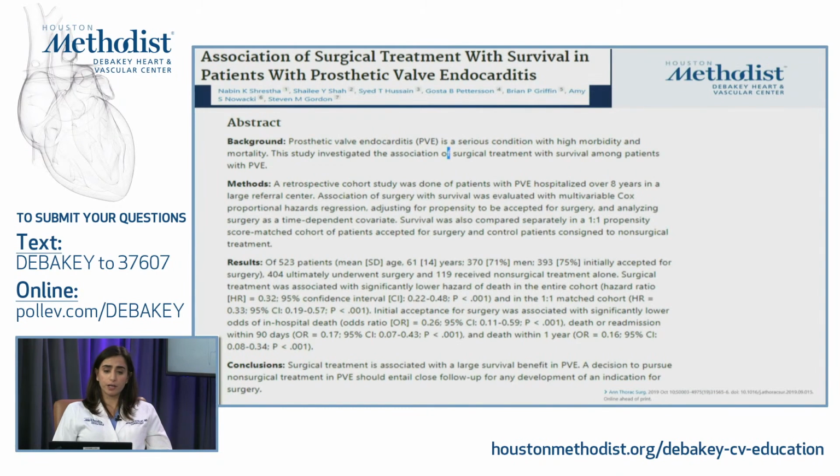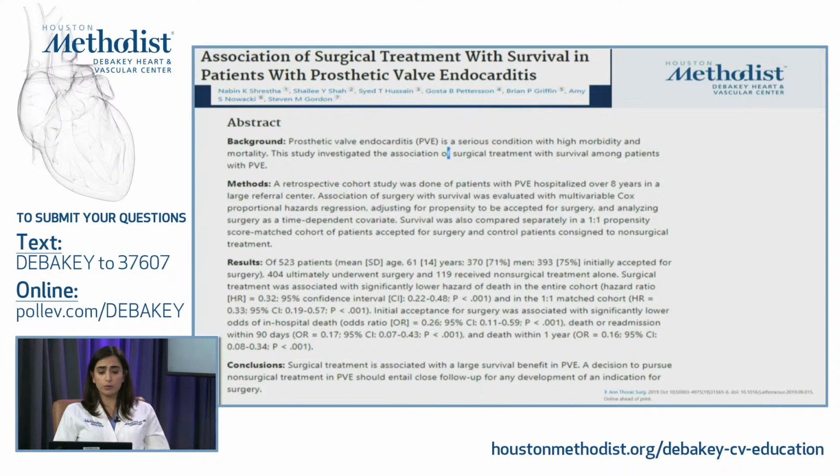Another recent article from the Cleveland Clinic's experience with prosthetic valve endocarditis lists 529 patients. They looked at the cohort of patients who went to redo operation versus conservative medical management, as they were deemed non-surgical candidates initially on first assessment.